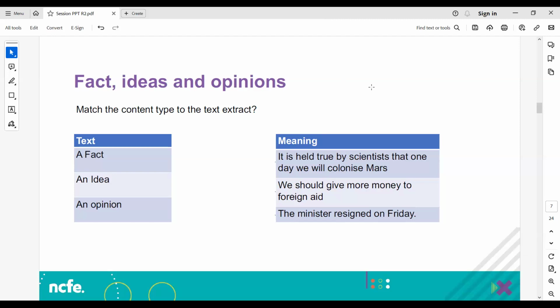So we can verify that. We can go and check that it is true, that it happened. Which one is a fact? You need to unmute yourself to give me an answer. Somebody?